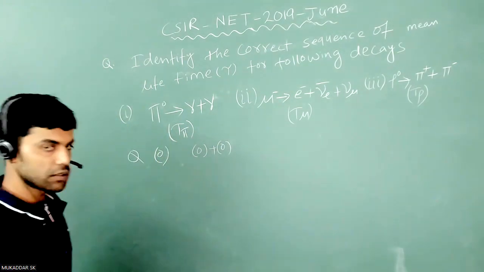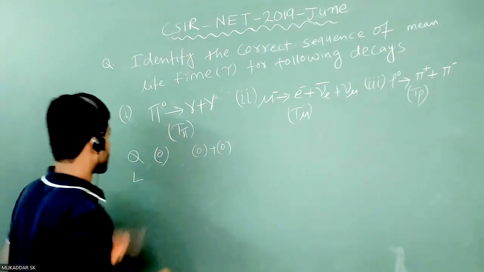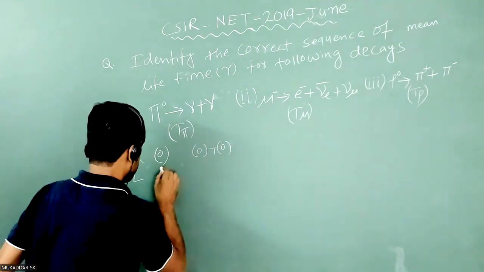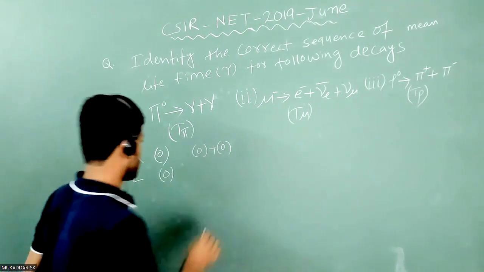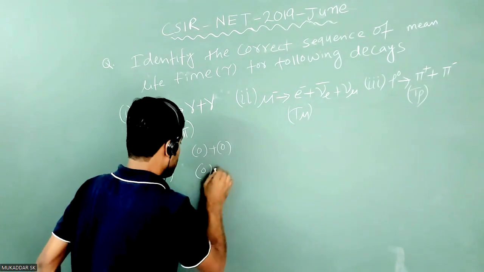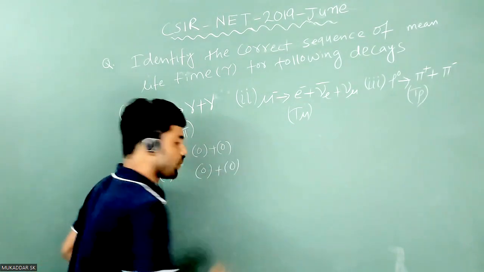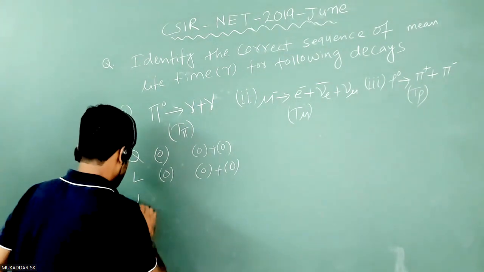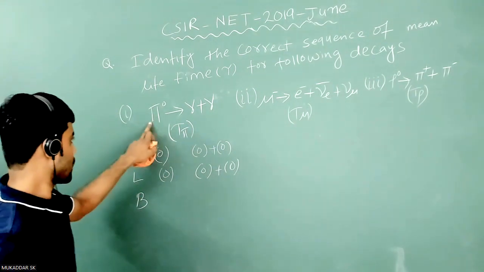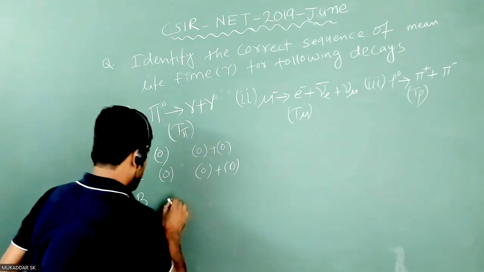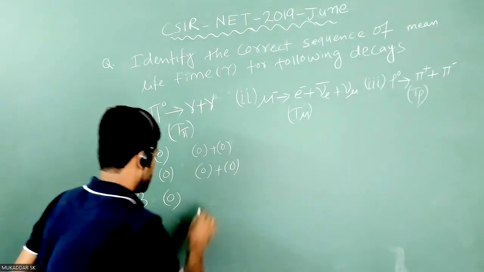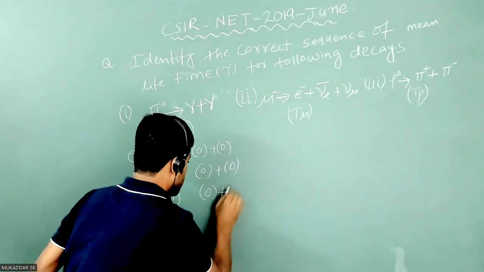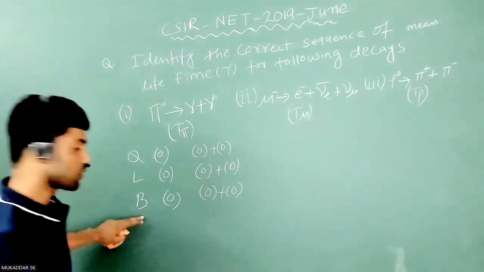Now we'll check lepton conservation. For pi 0, this number is 0. Again, the same is true for gamma also. It means lepton is conserved here. Now we'll check baryon conservation. None of them are baryonic particles, so that number will be 0, which implies baryon is also conserved here.